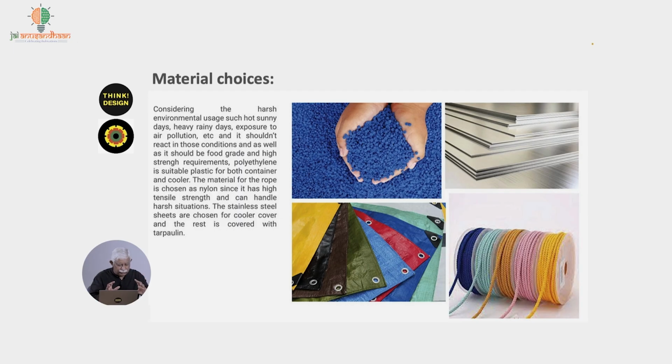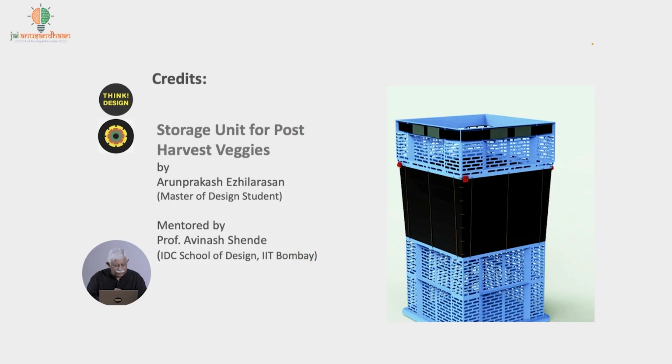Many of these are still not sustainable materials, but I think they will be replaced whenever sustainable materials become available, and that is an option to look forward to. So that's the storage unit for post-harvest vegetables.